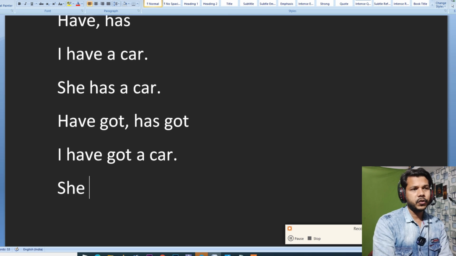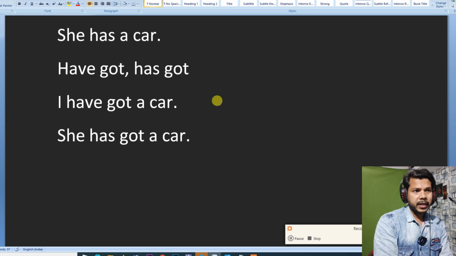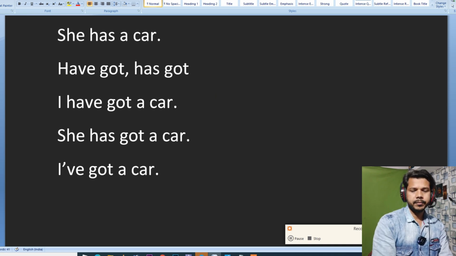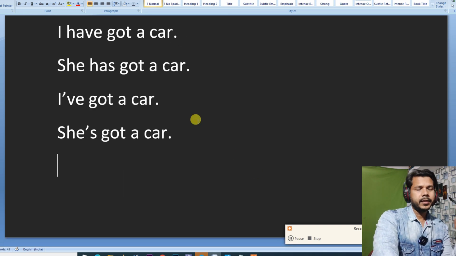If I say she has got a car, it has the same meaning, she has a car. If you want contraction, you can say I've got a car. You can say she's got a car. So by this way you can speak.